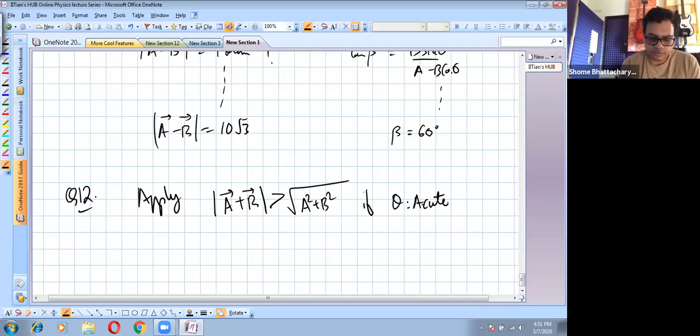Just apply this concept and you will get the logic. And vice versa, mod of a plus b is less than root of a square plus b square if theta is obtuse. But you'll have to consider both these things.